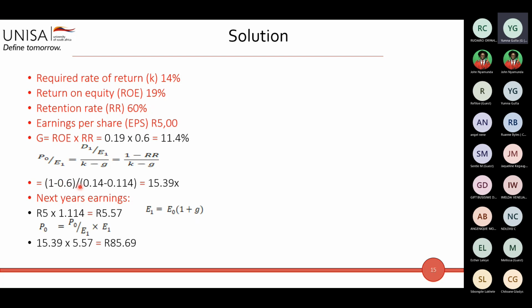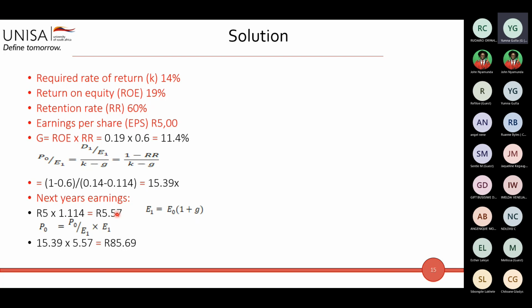Then over K minus G, which is 14% less 11.4%, which is equal to 15.39 times. Your PE ratio is 15.39 times. Our earnings for the next year: 5 Rand multiplied by 1.114, which is multiplied by your growth rate, gives you 5 Rand 57.